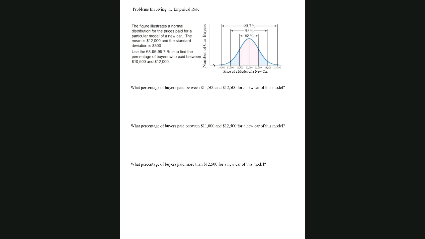So here I have 11,500 and 12,500. Well, that is basically just 68%, right? Because it's 1 standard deviation below the mean to 1 standard deviation above the mean. So it's just 68%. There's no other calculating I have to do.